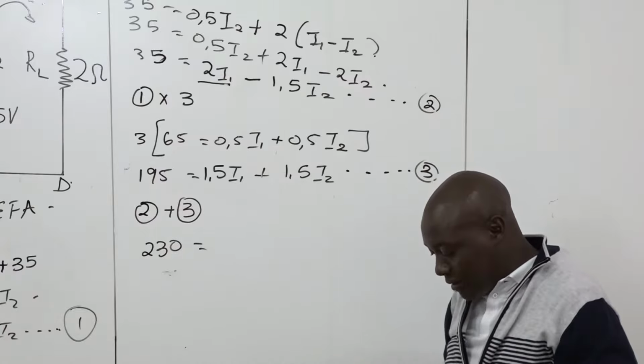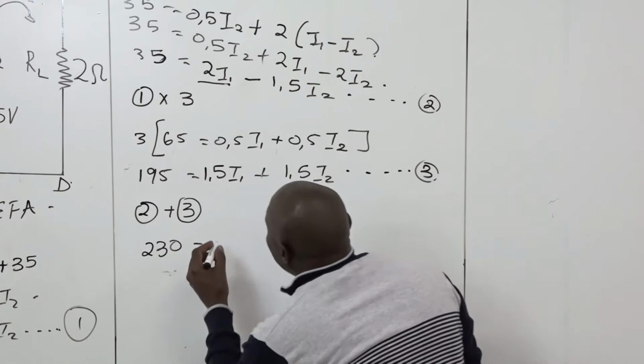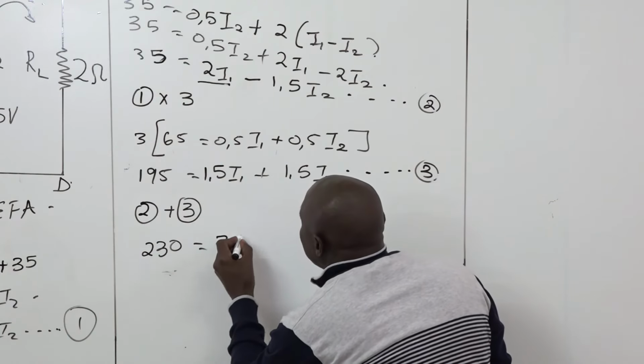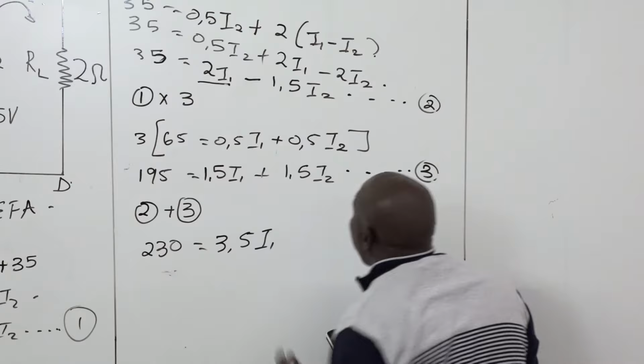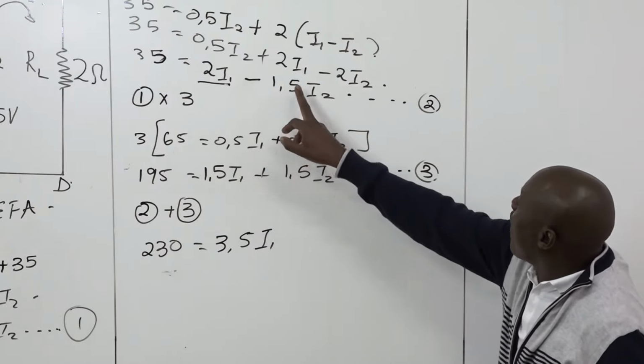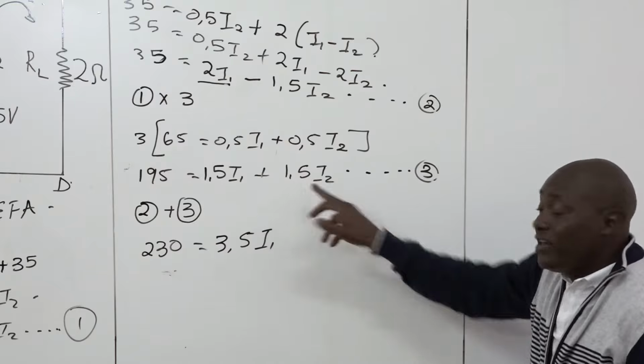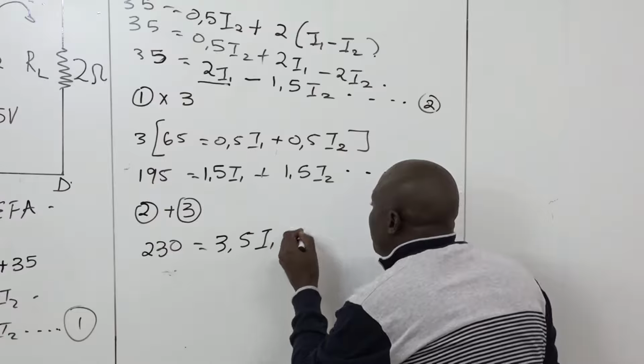So I will say 2 plus 1.5 gives the value of 3.5 I1. Then minus 1.5 I2 plus 1.5 I2 is going to give me 0.